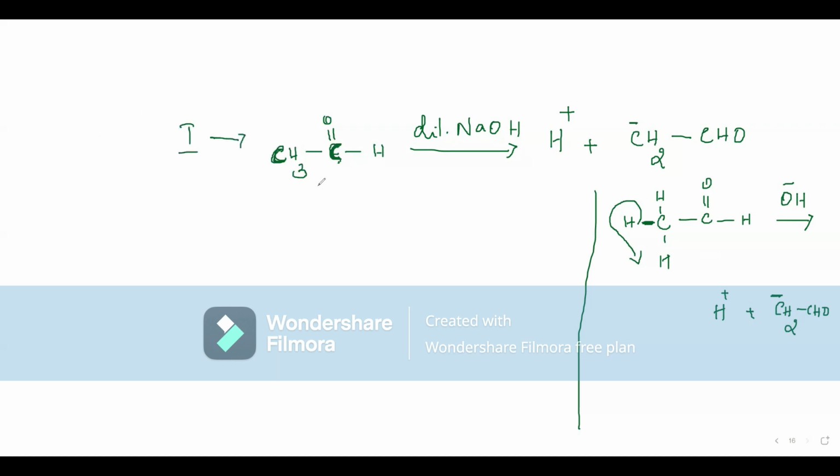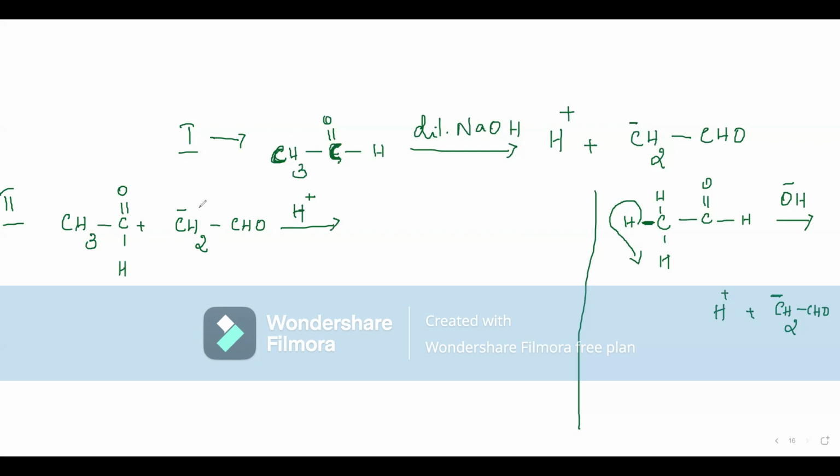So the first step in aldol condensation is this. In the second step, take one more aldehyde, the same aldehyde, acetaldehyde, one more unit. Treat this with CH2, CHO, but the H plus which you have removed is also present.